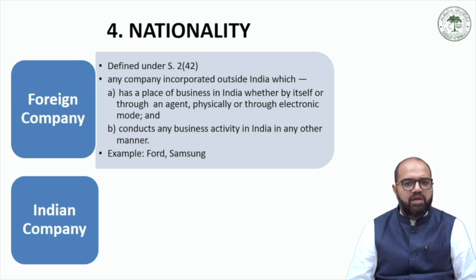According to this provision, a foreign company means a company or body corporate incorporated outside India, which, Part A, has a place of business in India, whether by itself or through an agent, physically or through electronic mode, and conducts any business activity in India in any other manner.